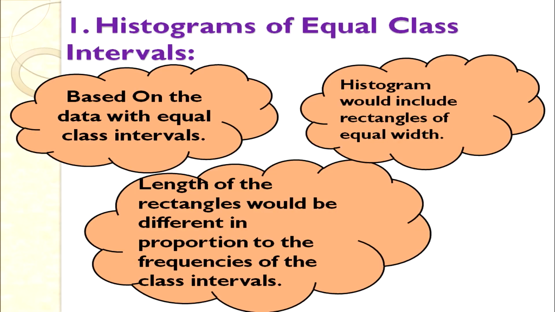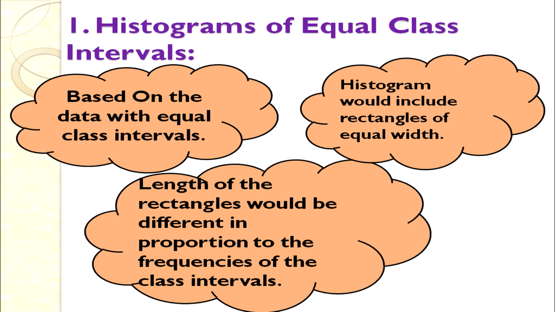Now, students, once we know about histograms, we are going to draw histograms in the following two cases. Let us discuss the very first. When we talk about a histogram in case of equal class intervals, what are the key points one should keep in mind? Very first, the data is at equal class intervals.